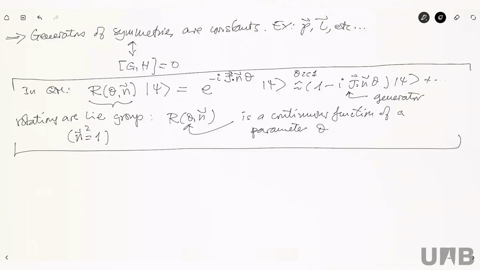That matches the counting we had. So 2 and 1 is 3 parameters, and those are the Euler angles. Again, you see that the number of parameters matches the number of generators. This is always the case for a Lie group. Anything else?